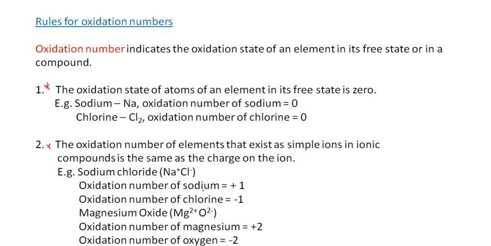Another example is magnesium oxide. We have Mg2+ ions and O2- ions, so the oxidation number of magnesium is +2 and of oxygen is -2.